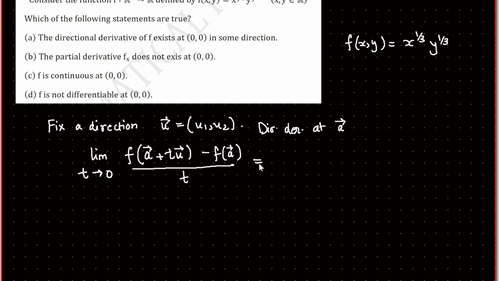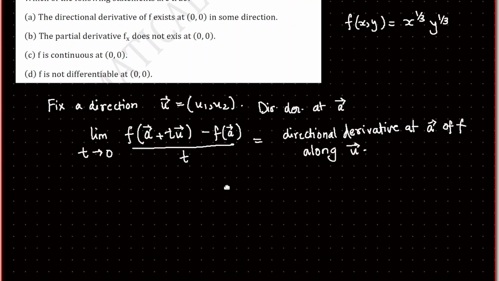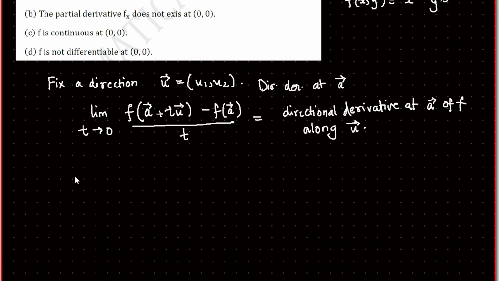If the limit exists, then we say that the directional derivative exists, and that will be the directional derivative at a of f along u.